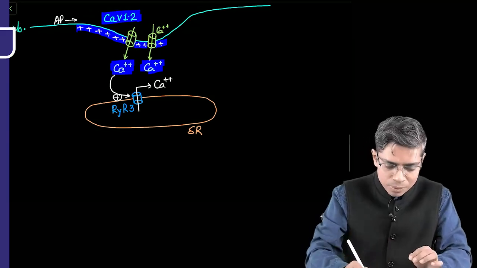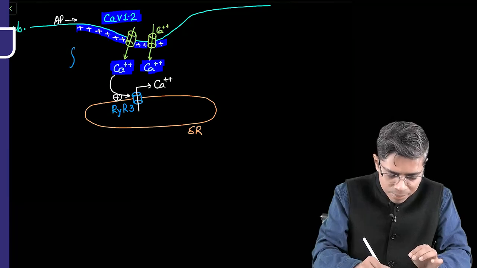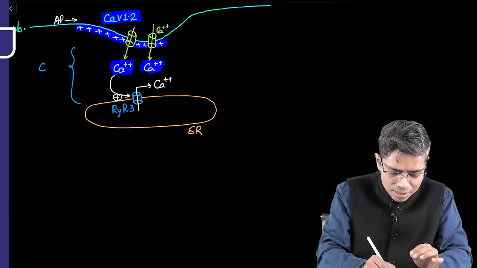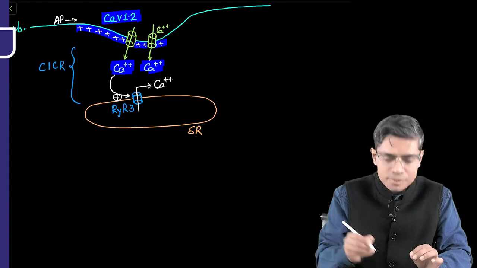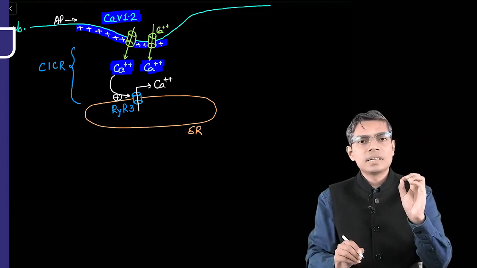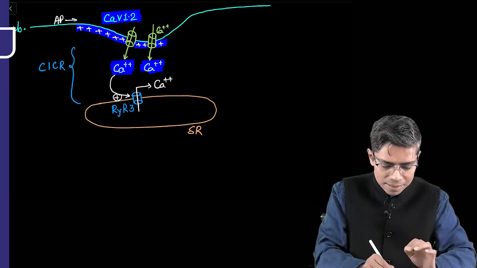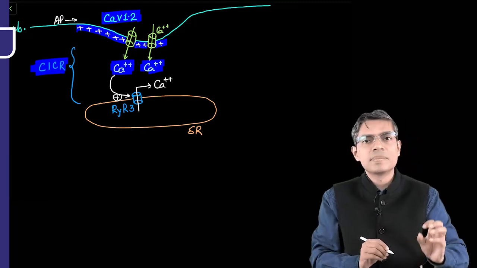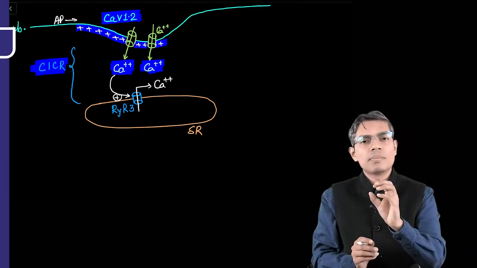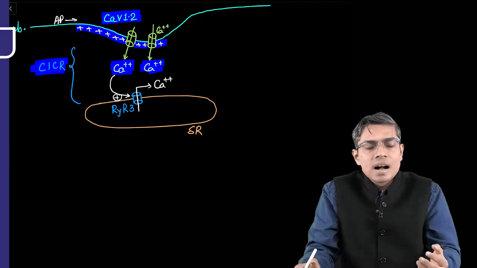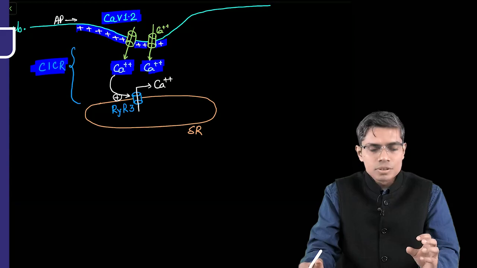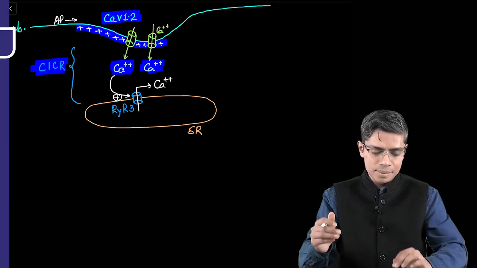This phenomenon we have already seen in cardiac muscle, and this is known as CICR, calcium induced calcium release. Outside calcium is inducing release of intracellular calcium through the RYR3 type channel.